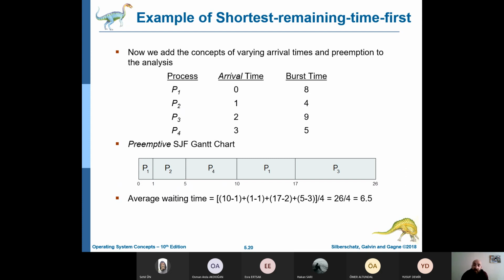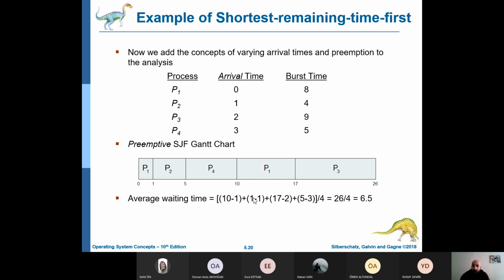So the average waiting time for this example will be 10 minus 1 for P1, because it starts in the 10th millisecond here, but we already executed P1 for 1 millisecond. So the waiting time for P1 will be 10 minus 1. The waiting time for P2 is 0 because it starts at the first millisecond, but it also arrived in the queue at the first millisecond.